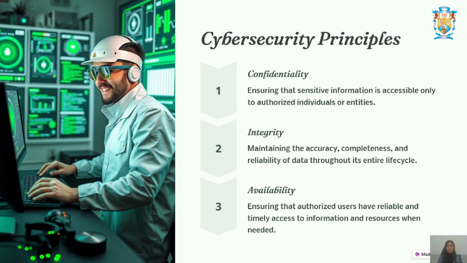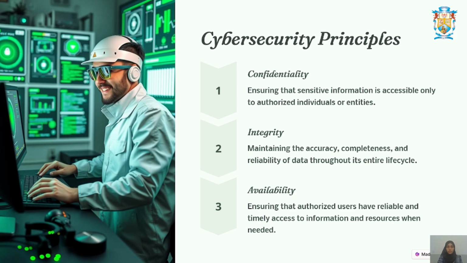Confidentiality. So ensuring that sensitive information is accessible only to authorized individuals or entities. Means when we have our confidential information or personal information, it shouldn't be shared with a third person. So in order to take care of our personal information, it should be provided with confidentiality.